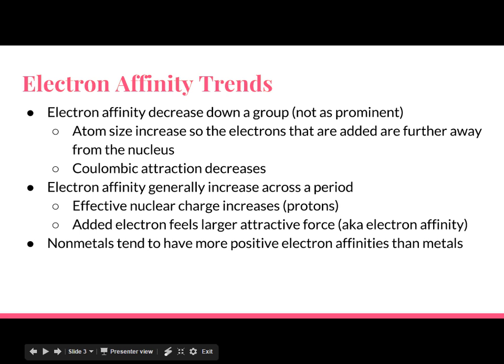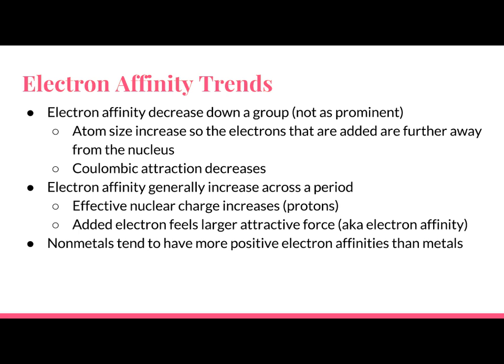And the general trends, though they're not really solid: the first one is that it decreases down a group, and that's because the atomic size increases, so the electrons that are attracted to the nucleus are further away from the nucleus, which also causes Coulombic attraction to decrease.